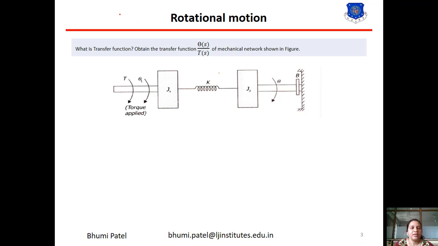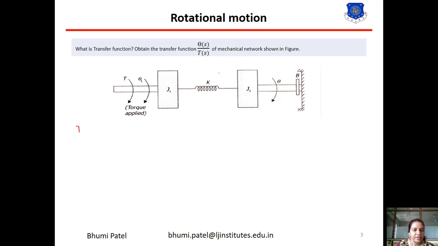So first of all, the first topic is rotational motion. The question is: what is a transfer function? Obtain the transfer function phi(s) upon T(s) of the mechanical network shown in the figure. First of all, what is the transfer function?